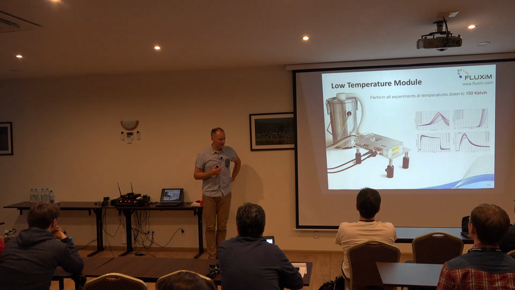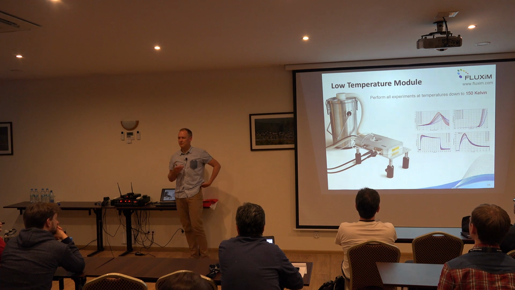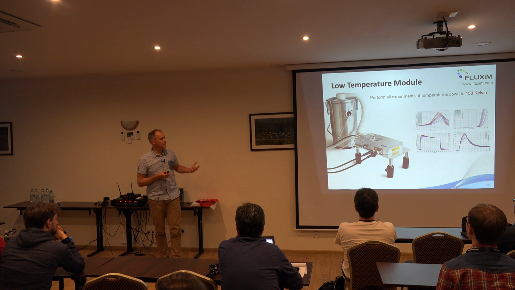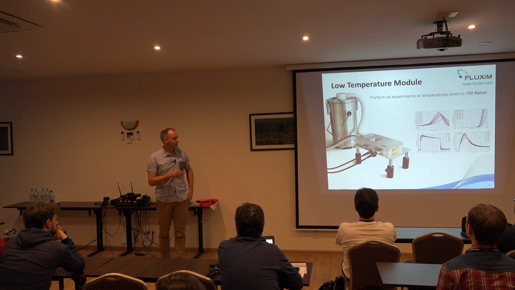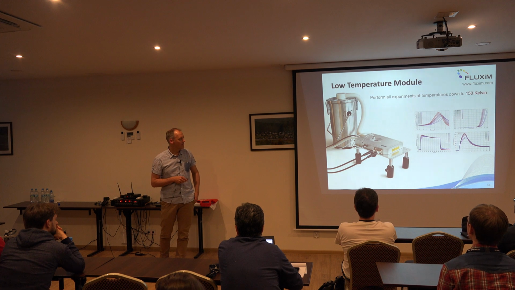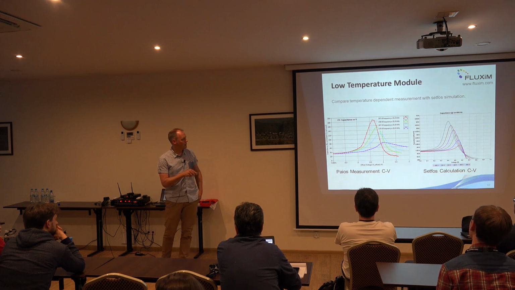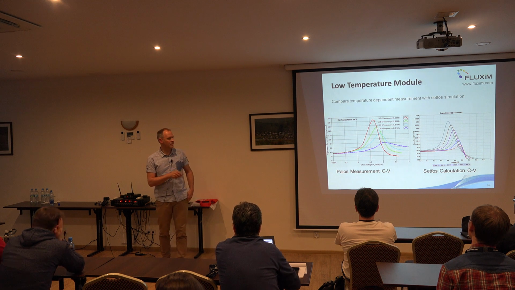Okay, I've already shown a few measurements where we vary the temperature, and we're typically just using a small chamber cooled by liquid nitrogen, and then we can systematically study what's going on with temperature. For example, this capacitance voltage curve, again, the peak position is related to the built-in potential.